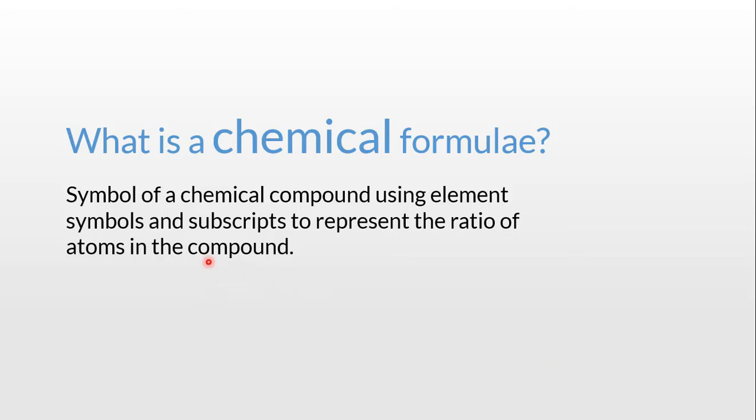So if we want to represent the compound, we use symbols of the elements in that compound and then subscripts to represent the ratio of atoms in the compound, or the amount of atoms in that particular compound.